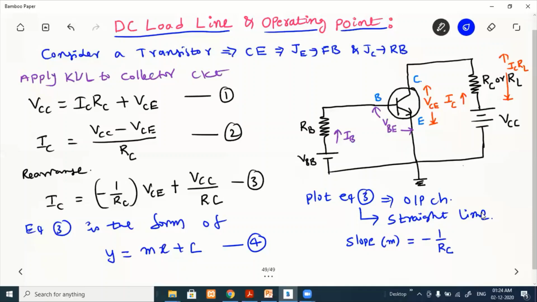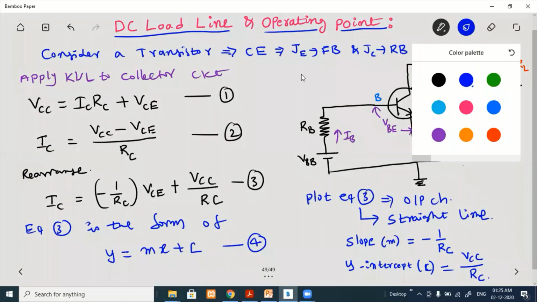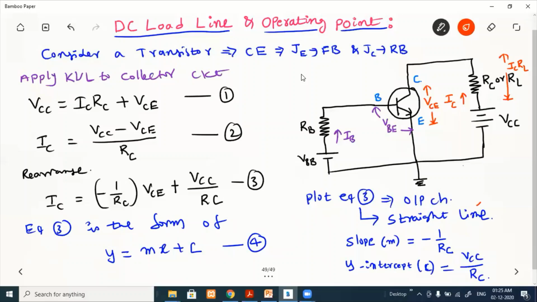That is the slope of the straight line. And the y intercept point is c, which is equal to VCC by RC. Now this straight line we can call a DC load line.